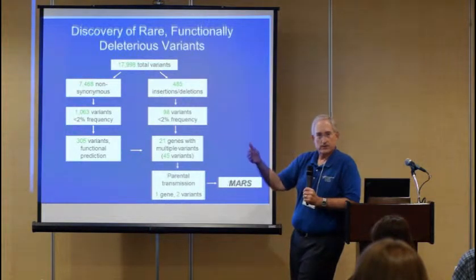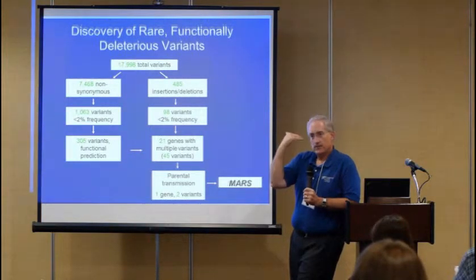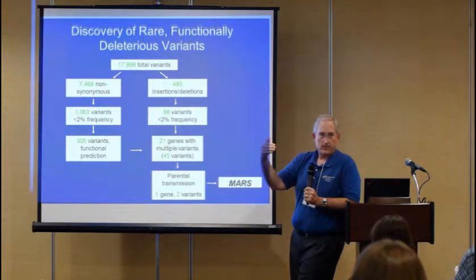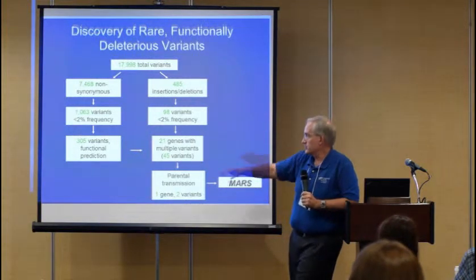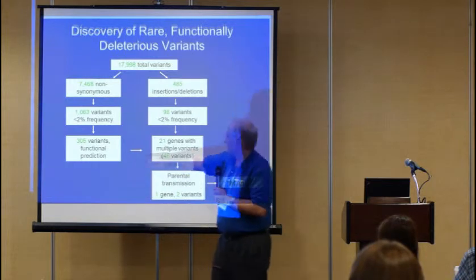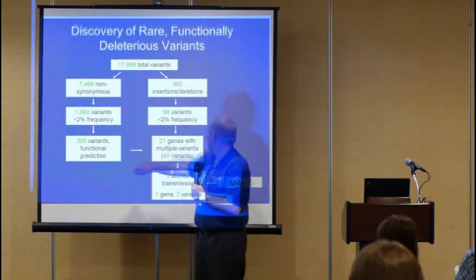The difficulty with these algorithms is they all come up with different answers. And so we made the assumption that at least 4, if not all 5 of these algorithms had to agree that these variants would predict a change in the function of the protein. And so from there we got it down to 300.